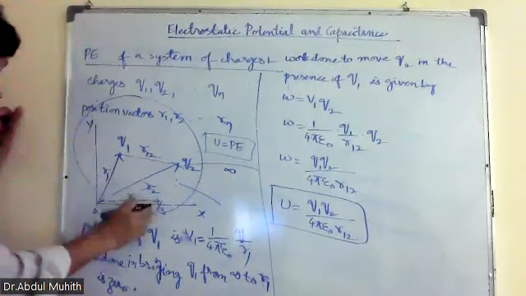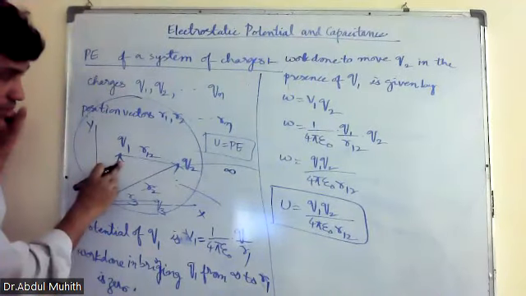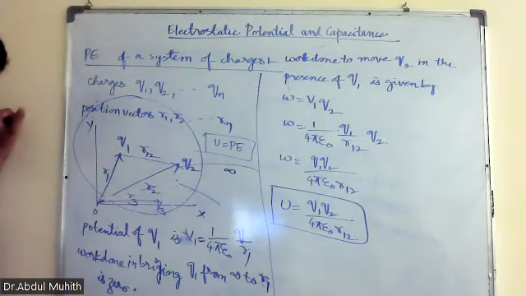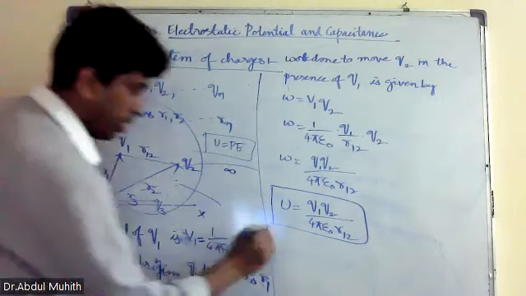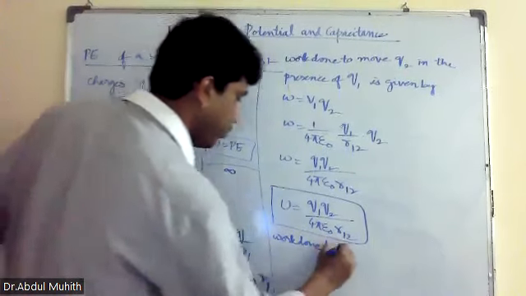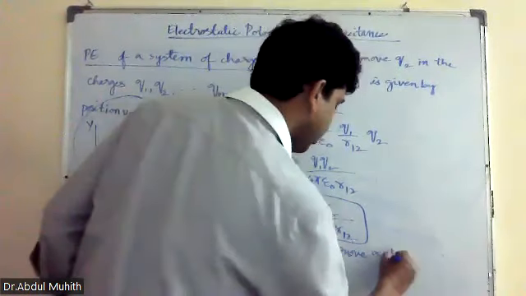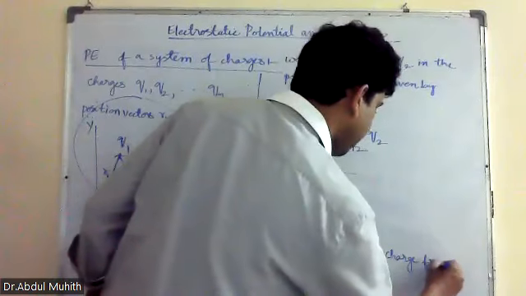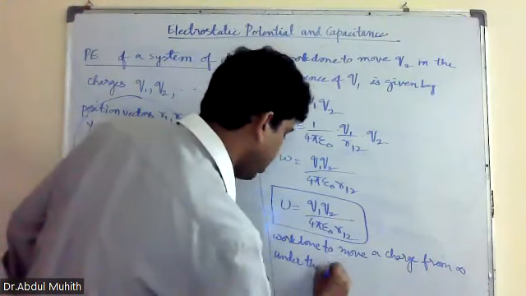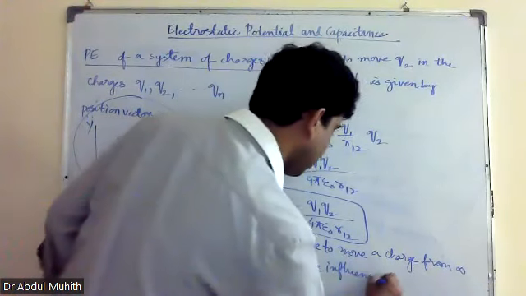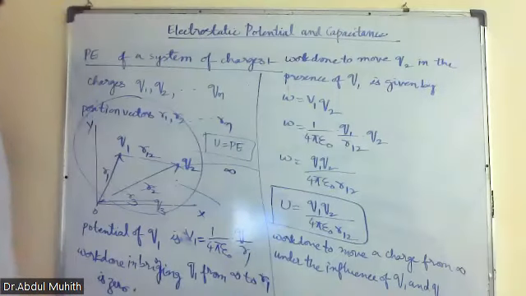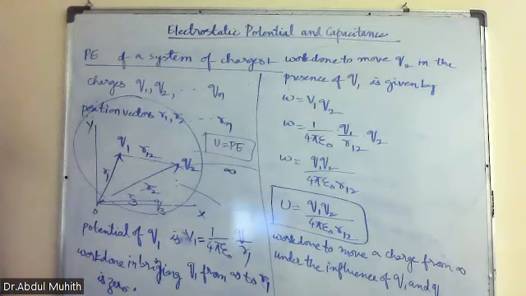When I want to bring Q3 under the influence of Q1 and Q2, we have work done to move a charge from infinity under the influence of Q1 and Q2. Okay, so in that case, what will happen now? The potential energy is what?